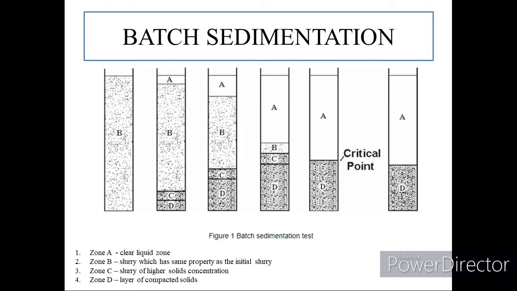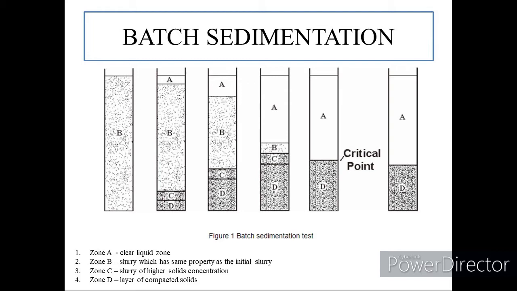So, initially, in the first cylinder, we have the zone B only. So, ito yung initial stage ng naglagay tayo ng particles to our fluid, o yung initial na pag-join ng particle and fluid. So, sa zone B, this is the slurry which has the same properties as the initial slurry. So, initial stage to.